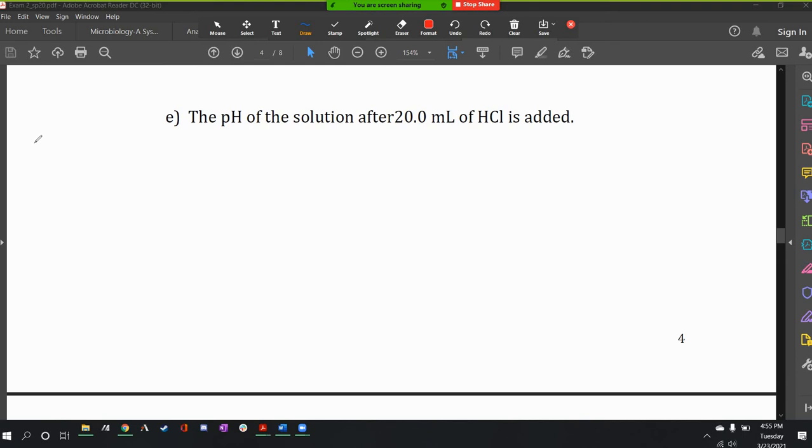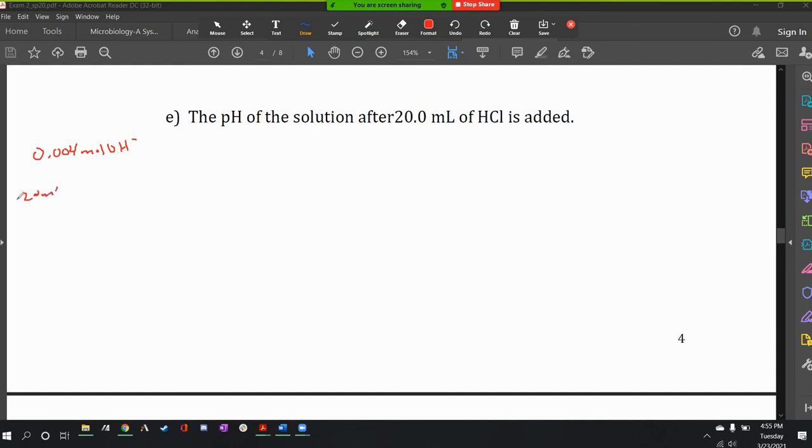You would just turn it into moles first. So we know that 0.004 moles of base is what we started with. I need to drink some water. And then we would calculate how many moles of acid we're adding to the solution as a result of this 20 milliliters.